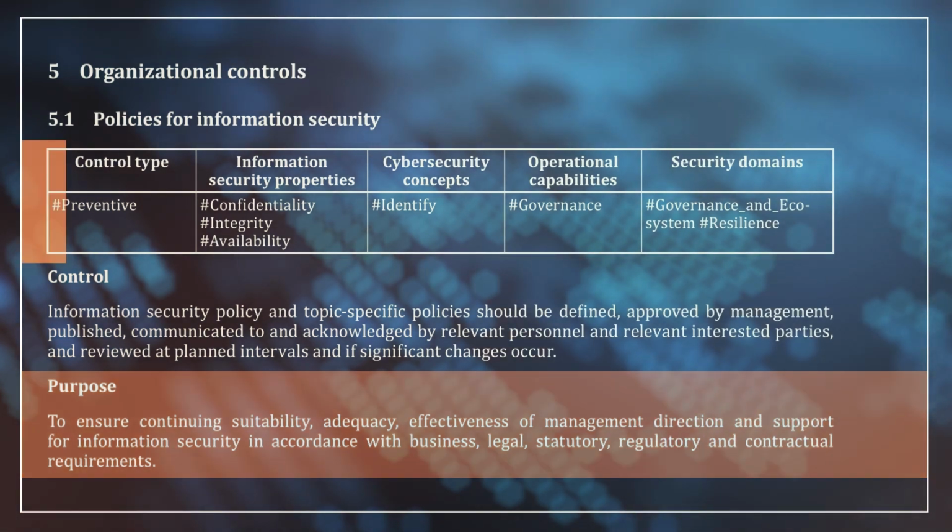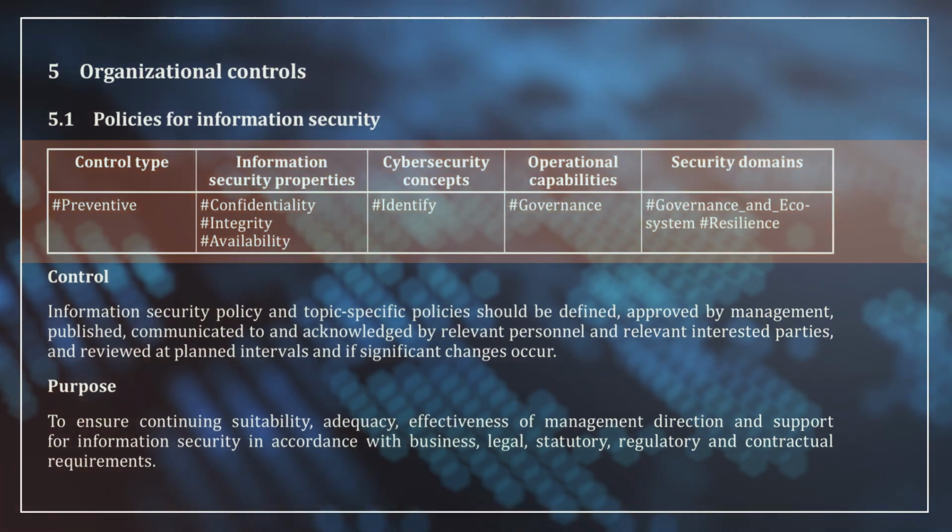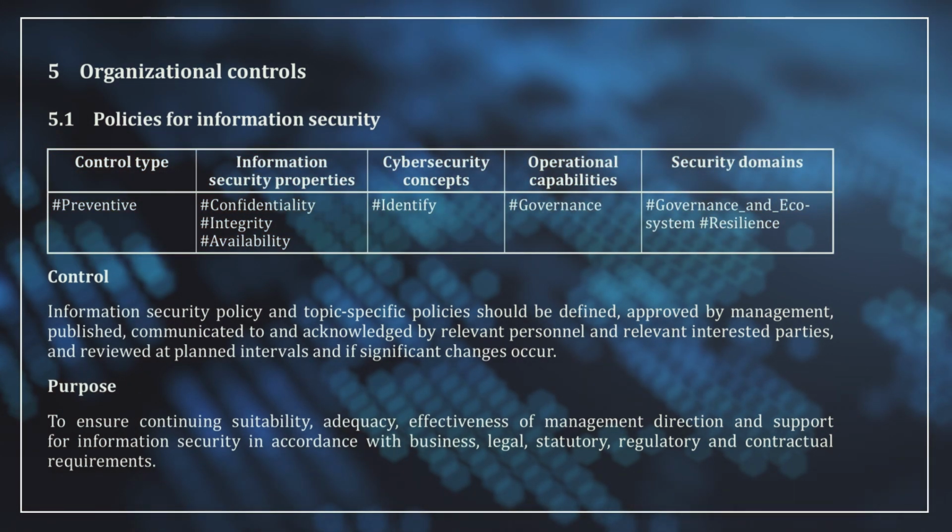There is also a table at the top of every control within 27002 which covers the different attributes that have been identified as being applicable to that control. And as far as attributes are concerned, we'll cover those in a separate video as well.